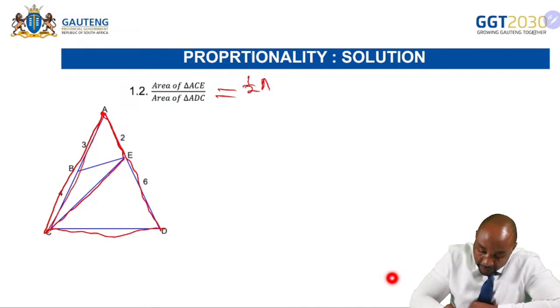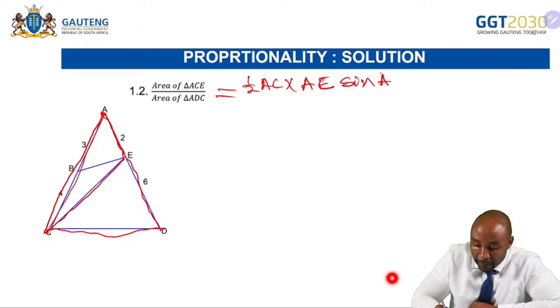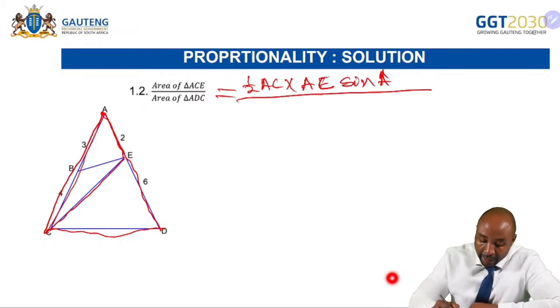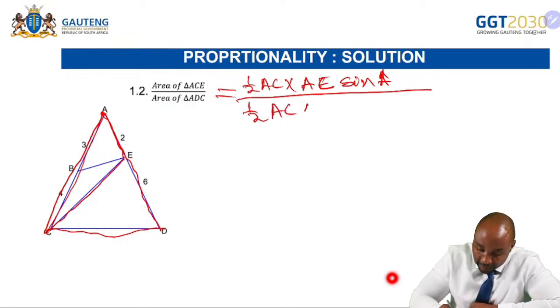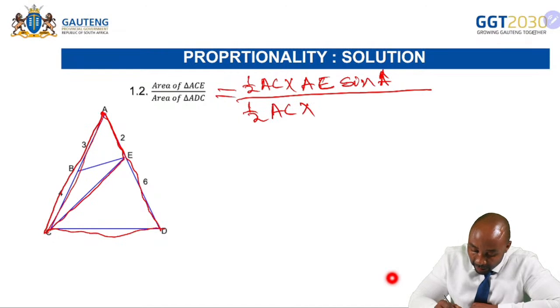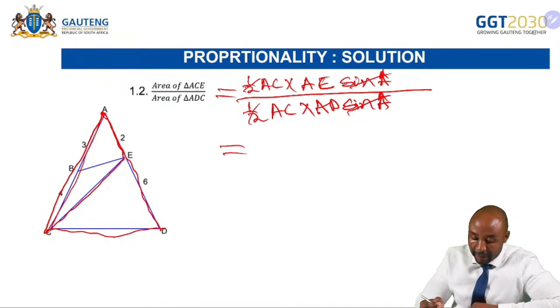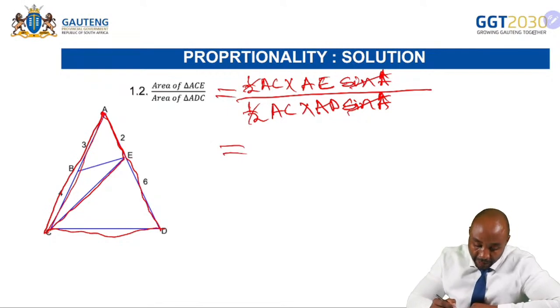We have our AC times our AE sine A over triangle ADC. It becomes half of our AC times our AD sine A. Sine A, half and half will go. What is our AC? We are taking it from the diagram.